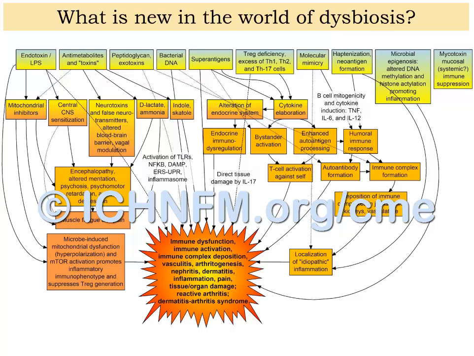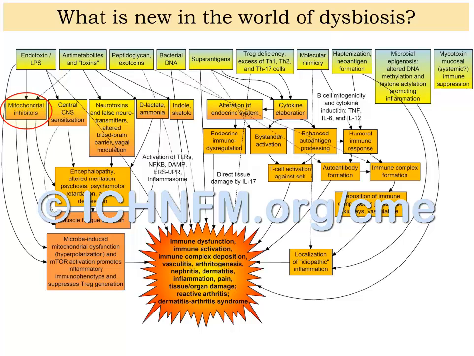What we appreciate now that we didn't appreciate, for example, 9 or 10 years ago, is that microbes do affect mitochondrial function, as you can see here, mostly creating this situation that we call mitochondrial hyperpolarization, which ultimately changes the way the immune system works to make it predisposed towards inflammation and autoimmunity.